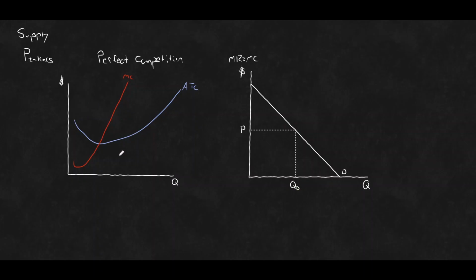This firm is so tiny with relation to this market that even if they produced everything they possibly could, that would have such a tiny impact on the total amount of quantity in this market that it wouldn't even register as being an increase in quantity causing a decrease in price. That is how tiny this firm is in relation to this entire market.